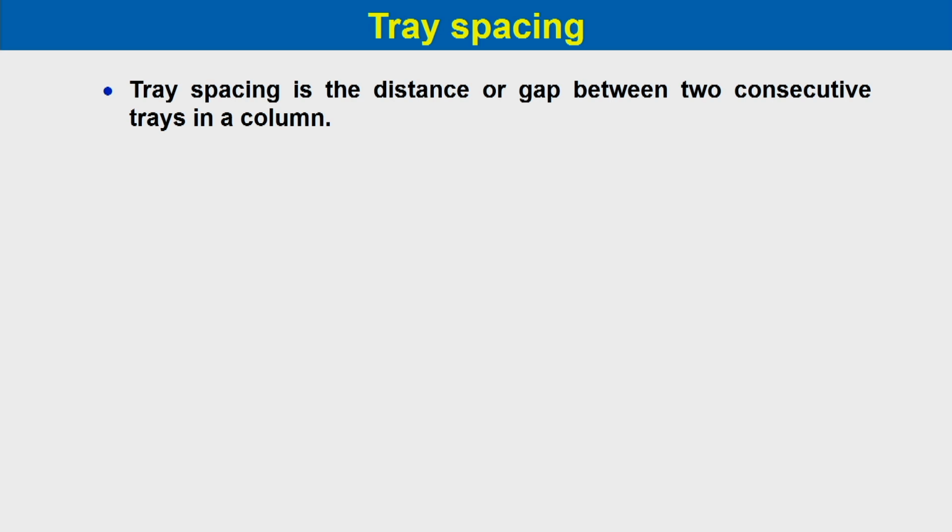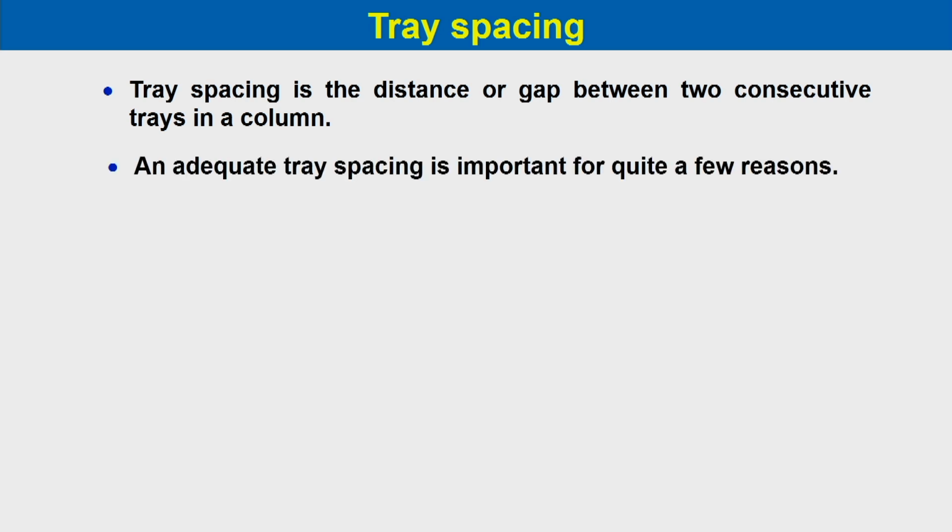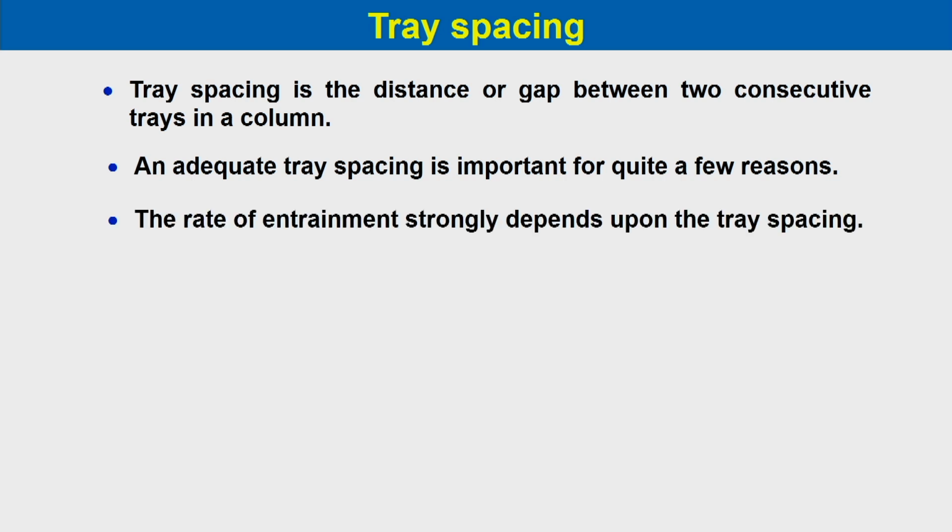Now, the tray spacing. Tray spacing is the distance or gap between consecutive trays in a column. An accurate tray spacing is important for quite a few reasons. The rate of entrainment strongly depends upon the tray spacing, and as we know, entrainment reduces the performance of the tray.